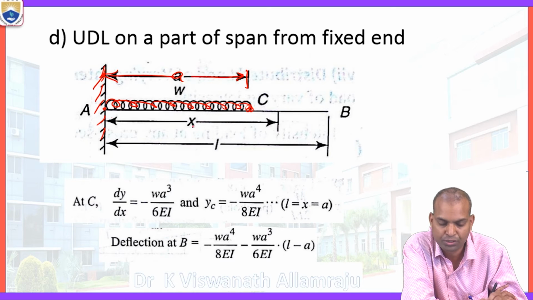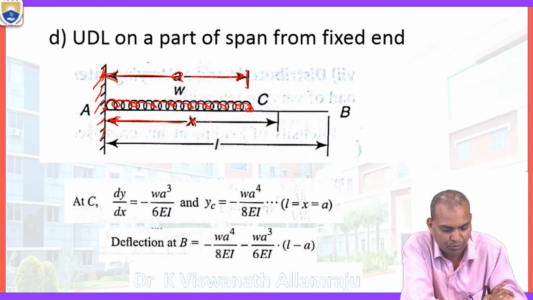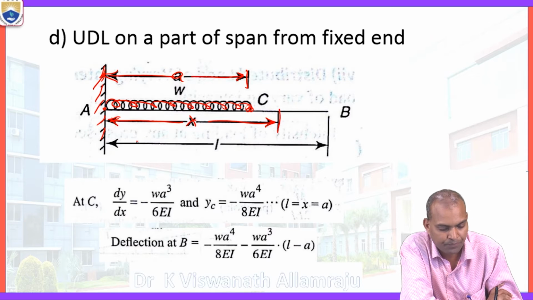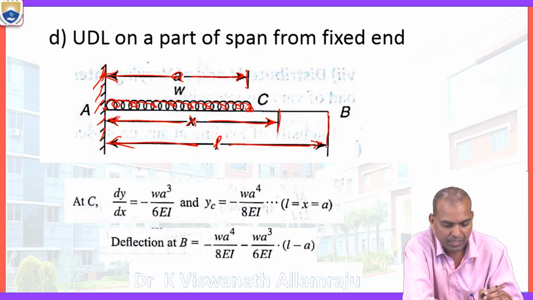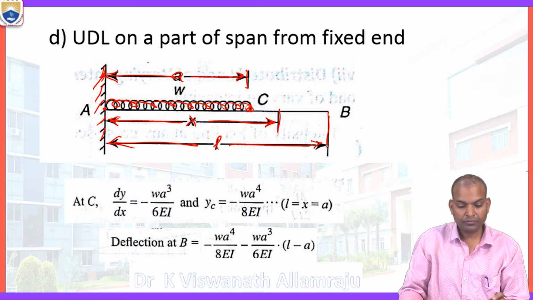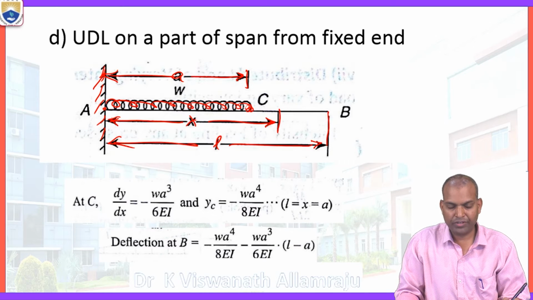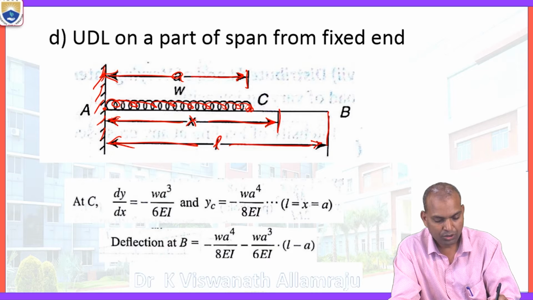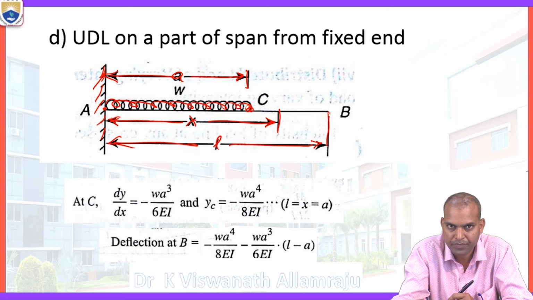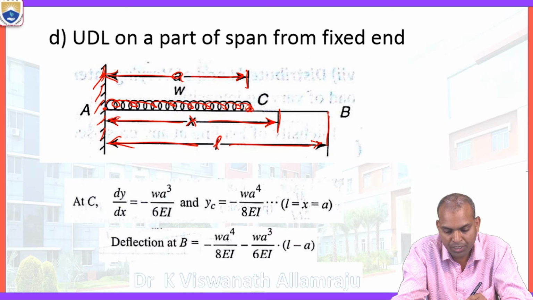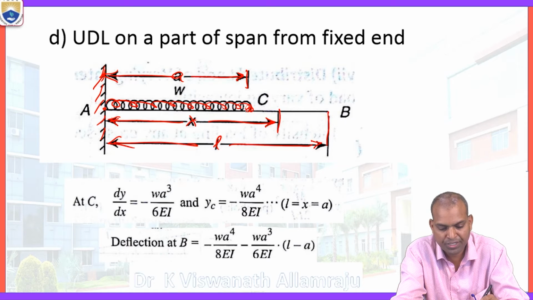The origin is the fixed support, point A, and point B is the free end. In the previous case, we considered the UDL throughout the span of the beam, so we know the slope and deflection at point B. If we want them at point B, we need them at point C.